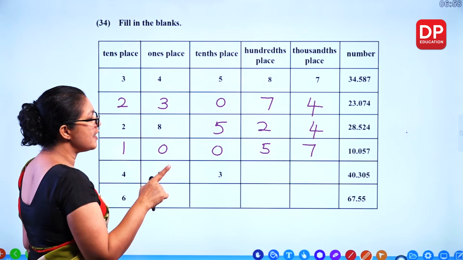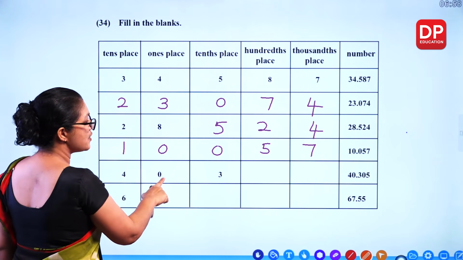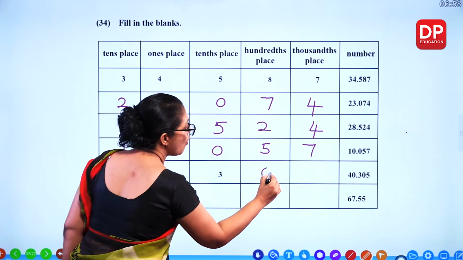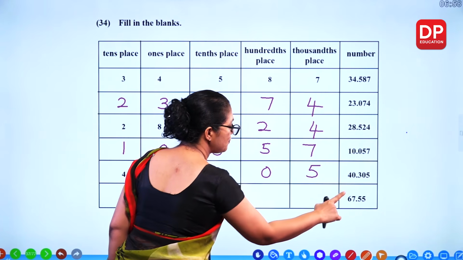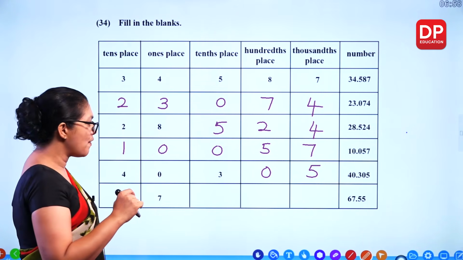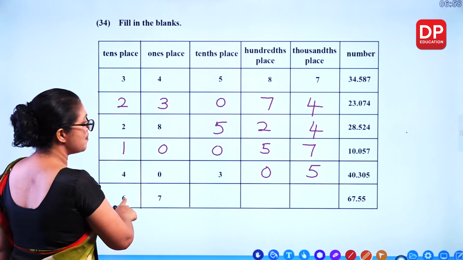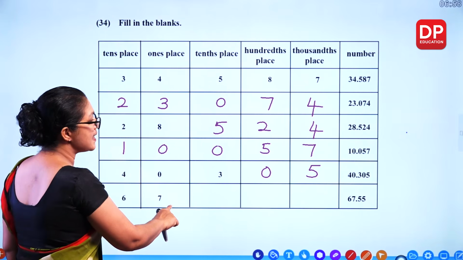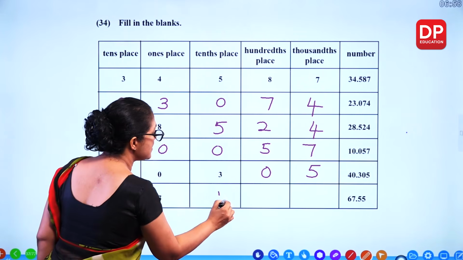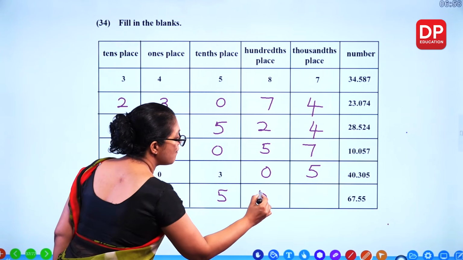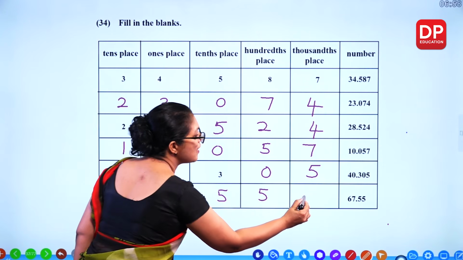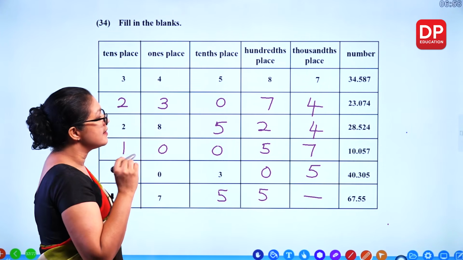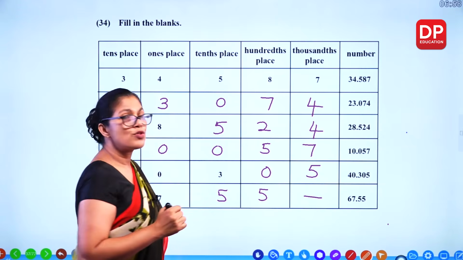And 40.305, 403, not 5. 67.55, 6 is in tens place, this is in ones place. And first decimal place is 5, 5, and nothing in the thousandths place.